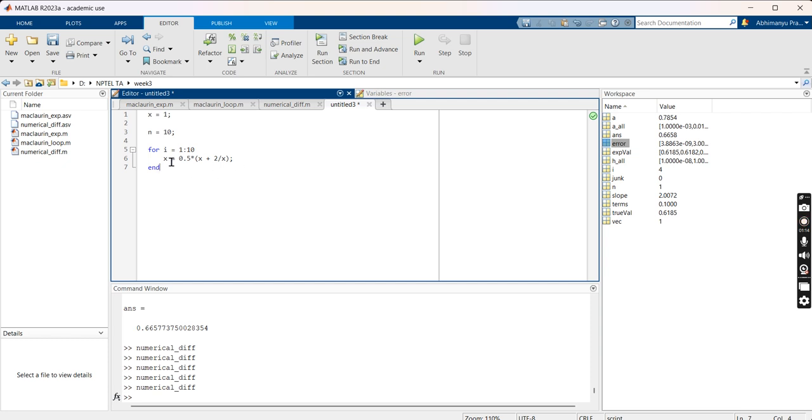Let me store the values also. I have made x a vector, so it will use the current value of x and store it in the next element of x.